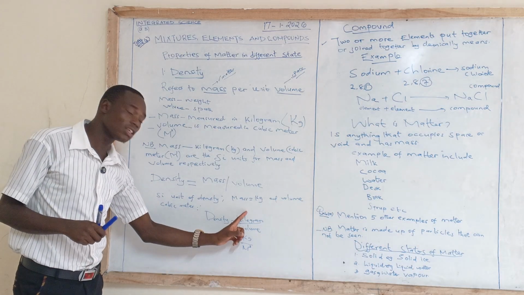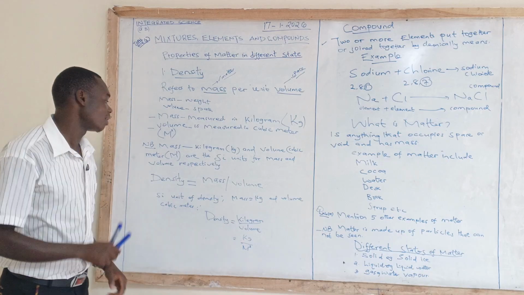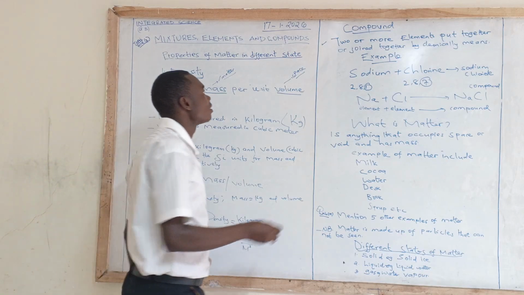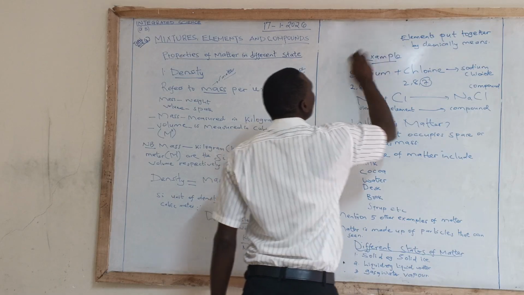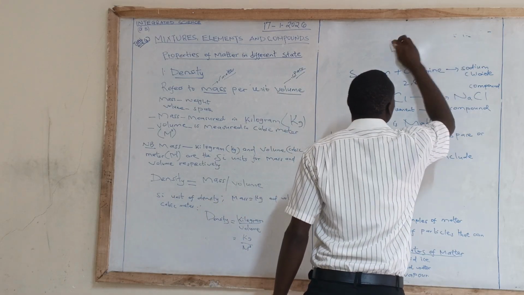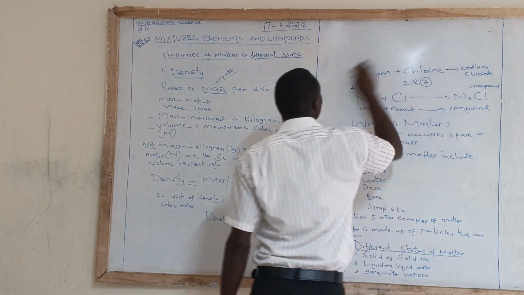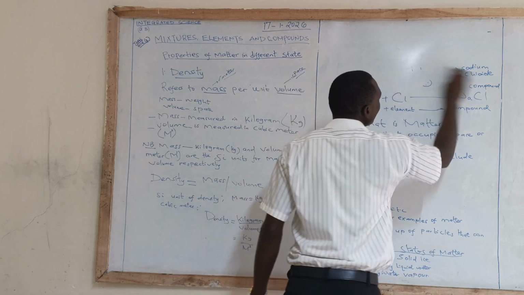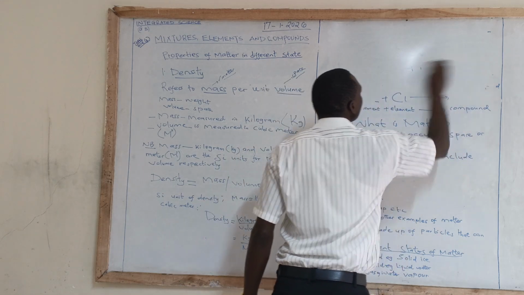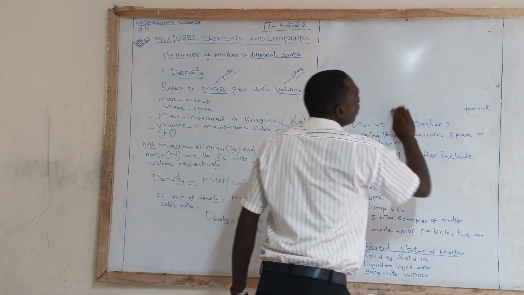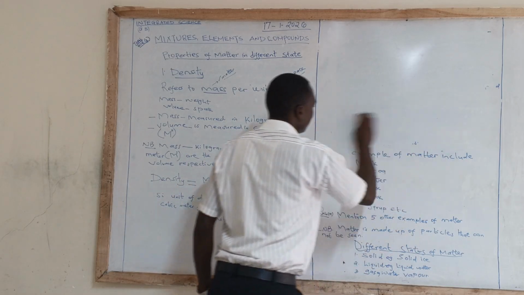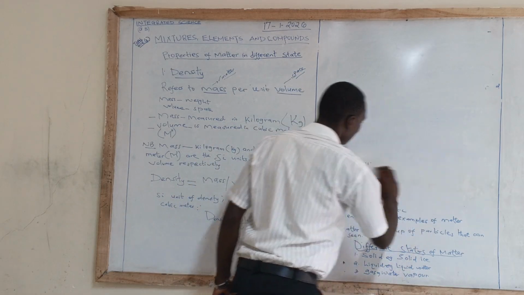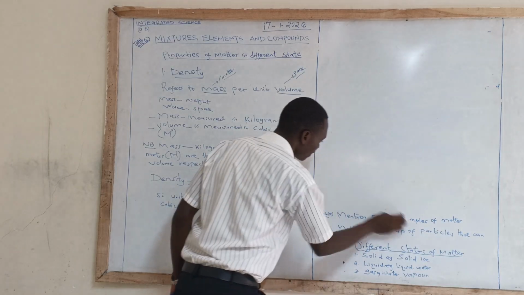Therefore, it is kg over m cube, the SI unit for density. How does the density of matter behave in different states? What is the density of matter in different states?